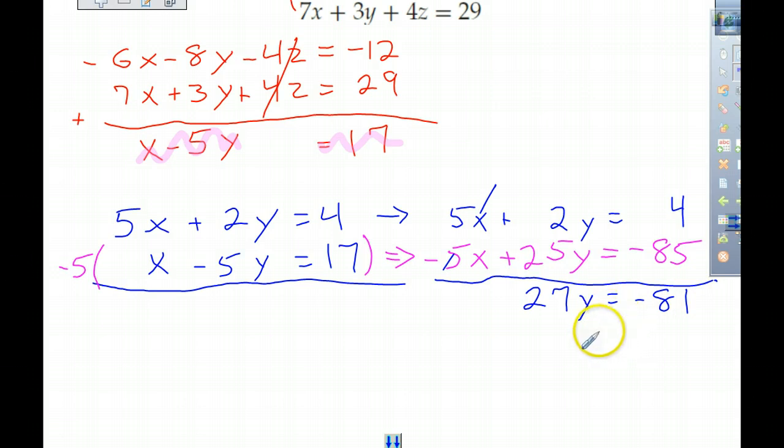Question? Yeah, why is it negative 5? 5 and negative 5? Here? Or why don't you choose negative 5 here? Yeah. Because this is positive 5. We're trying to get it to equal 0. It needs to be negative 5. Oh. We're going to get 0.